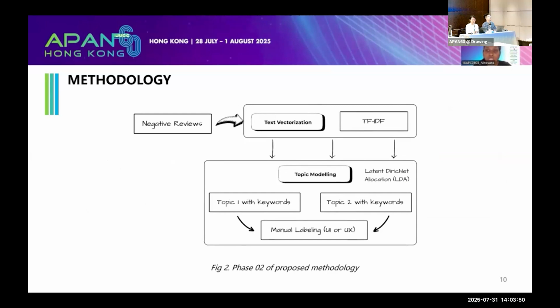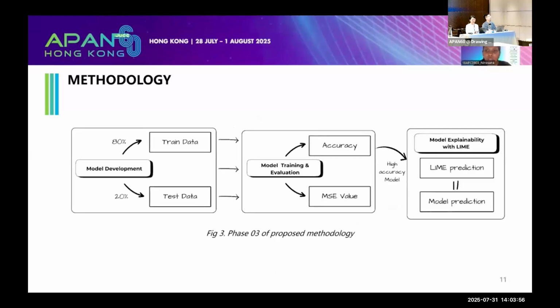And next, in phase 3, I trained 5 classification models, such as KNN, random forest, XGBoost, CatBoost, and ANN, using an 80-20 training and testing split. The model performance was evaluated using performance metrics, and then the top accuracy model was explained using LIME to interpret the predictions.